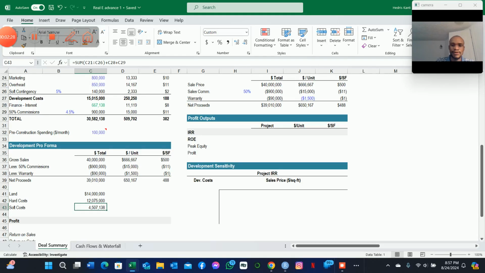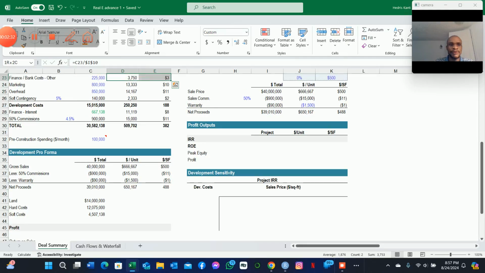So we can now take the formula here, borrow this formula for per unit and per square foot base, and we copy it here as formulas, paste it here as formulas.